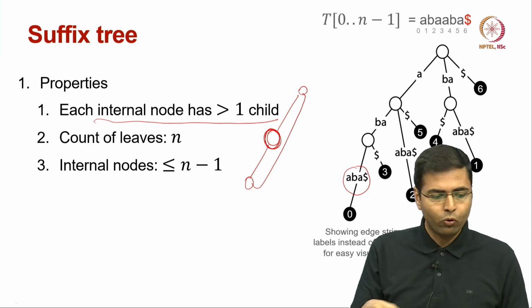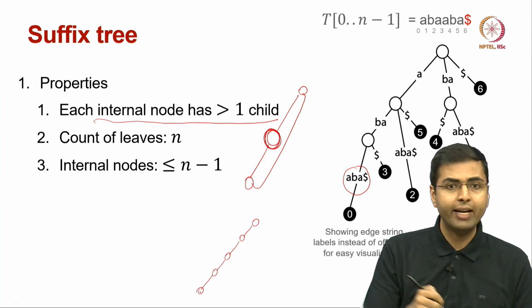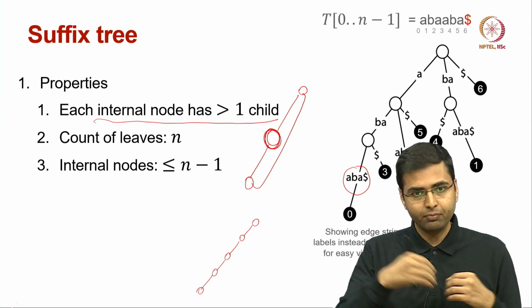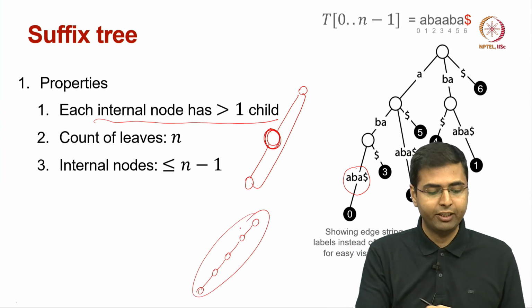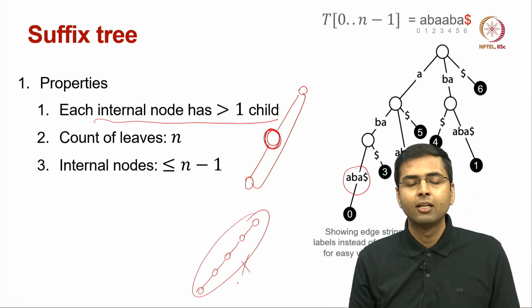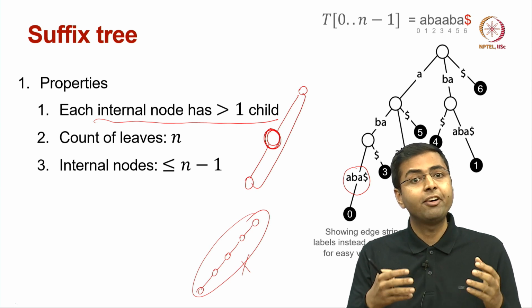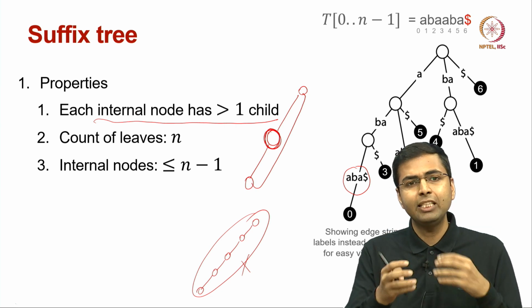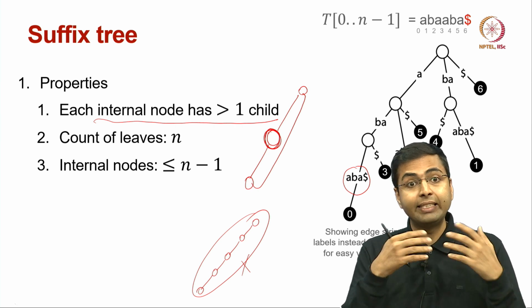This normally happens only in the scenario where you have a non-branching path, but these situations cannot occur in a suffix tree. So, if the suffix tree has many internal nodes, then it will have many leaves also. These two will grow proportionally as the suffix tree data size is increasing.